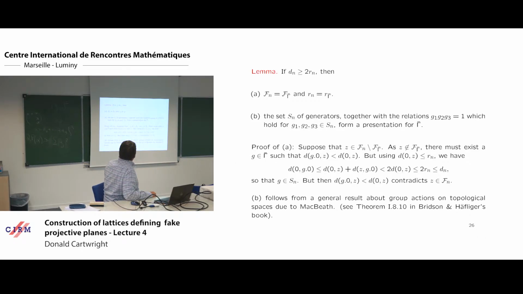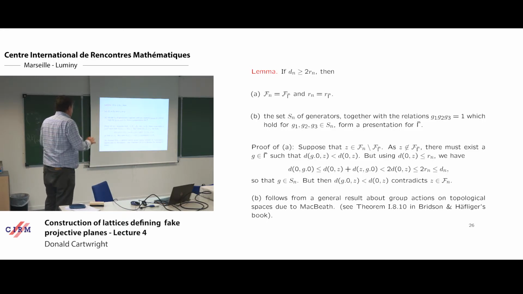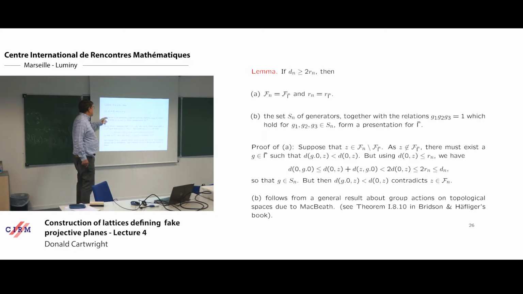If you go out so that dn is at least twice Rn, you actually don't have to go any further. The fundamental domain of the finite set Sn actually is the fundamental domain of the whole group, and everything stops. And you get a set of generators.